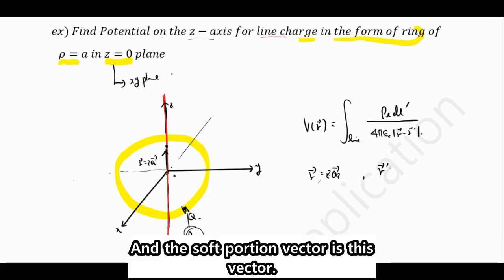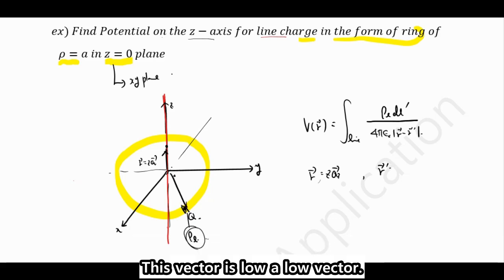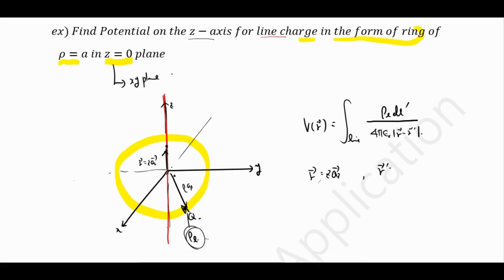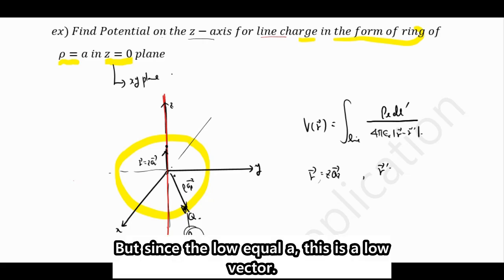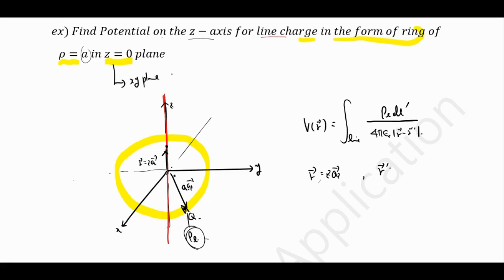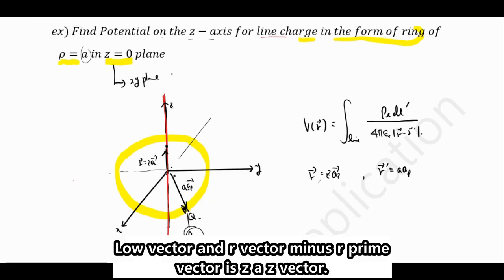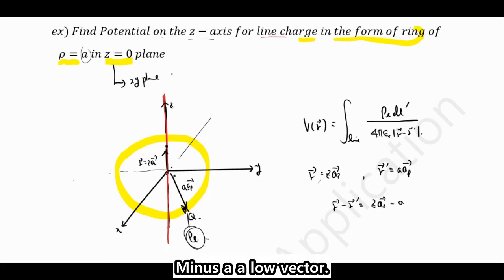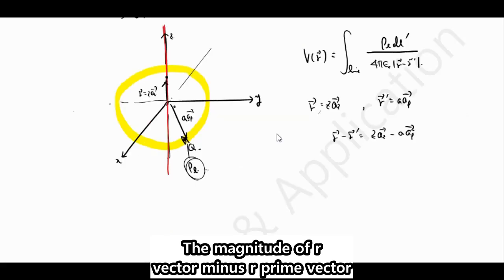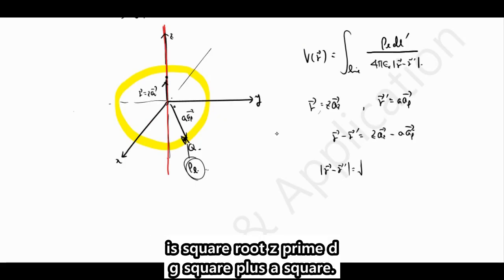And the source position vector is this vector, the rho vector. But since rho equals a, this is a times a rho vector. So r vector minus r prime vector is z a z vector minus a a rho vector. The magnitude of r vector minus r prime vector is the square root of z squared plus a squared.